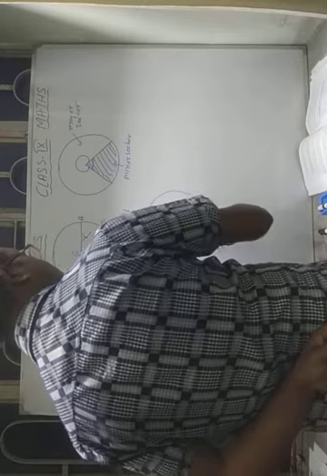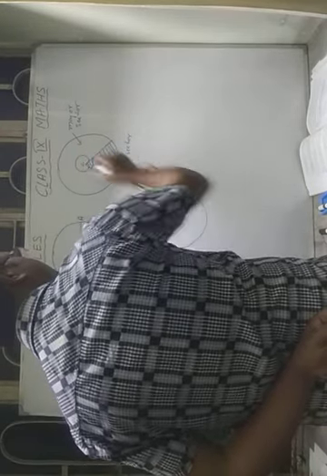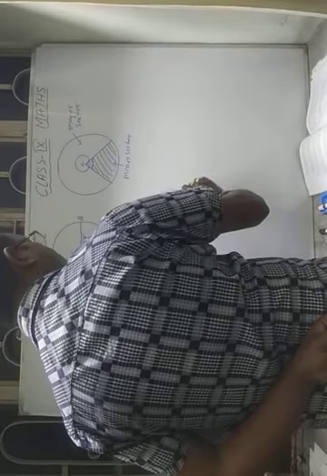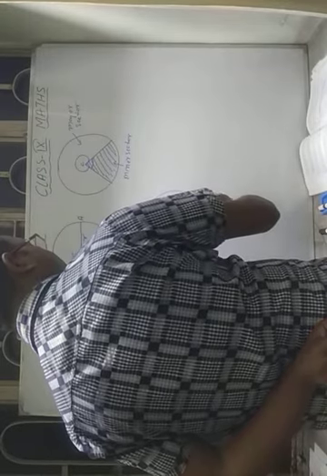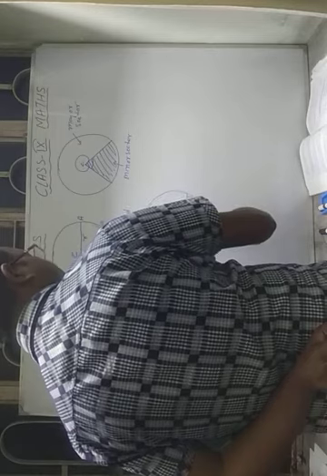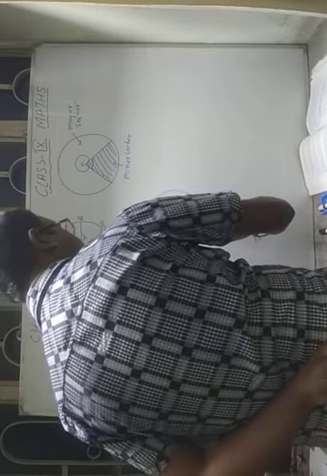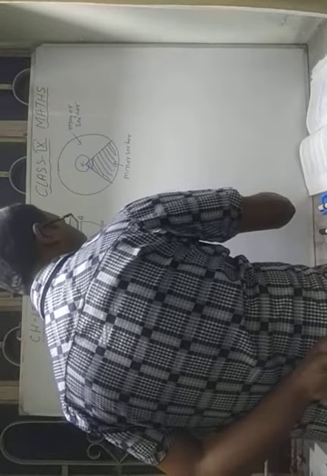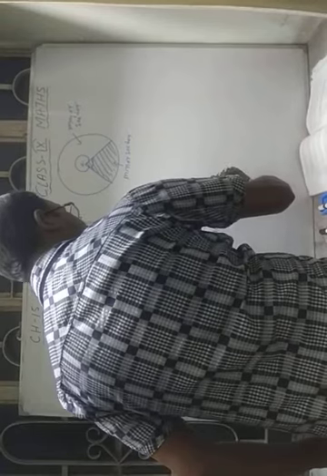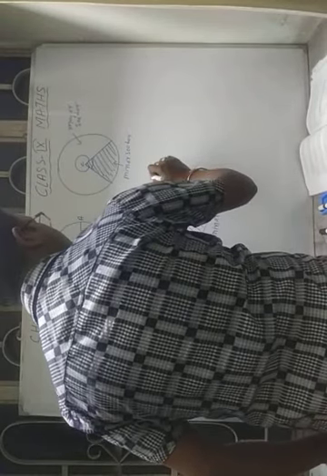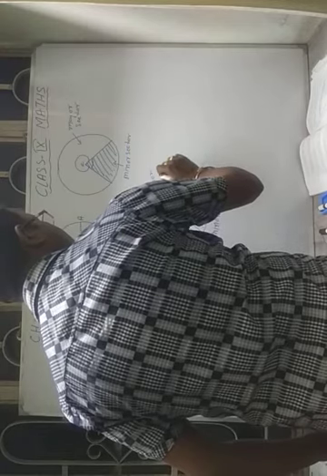Another point, if you take another circle, take the center C, and if you draw a chord, the regions divided by this chord are called segments. So this is called the minor segment, and this region is called the major segment.